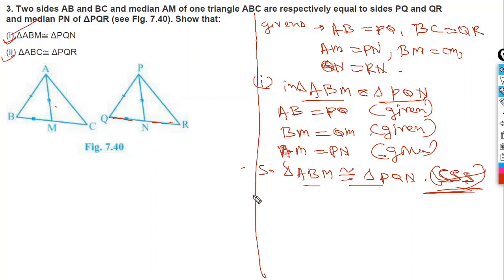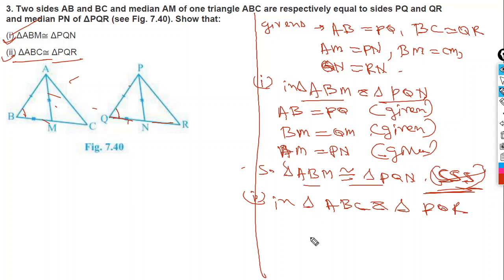Second part, just write both the triangles: in triangle ABC and triangle PQR, what do you see? AB equal to PQ, BC equal to QR, already there. Now angle B is also equal to angle Q. Why? By CPCT, corresponding parts of congruent triangles, as triangle ABM and triangle PQN are congruent.